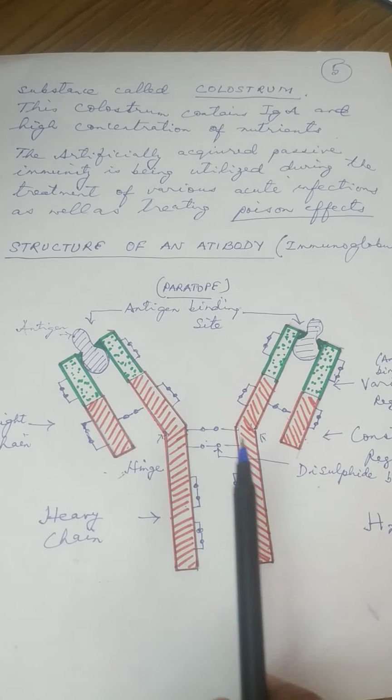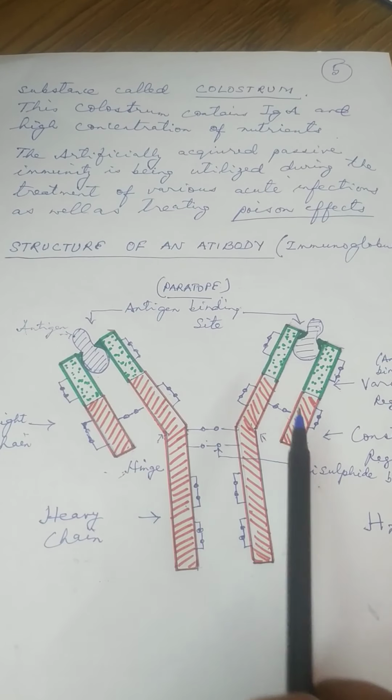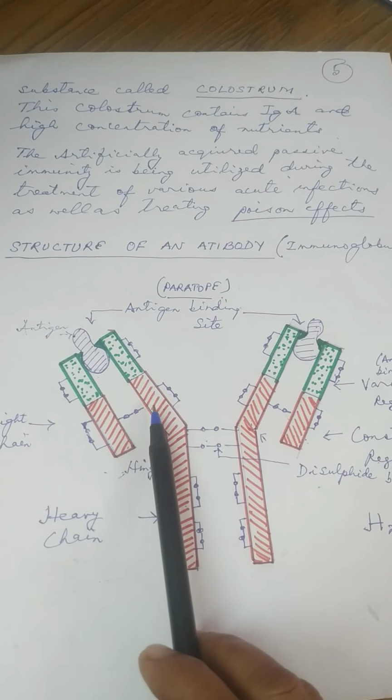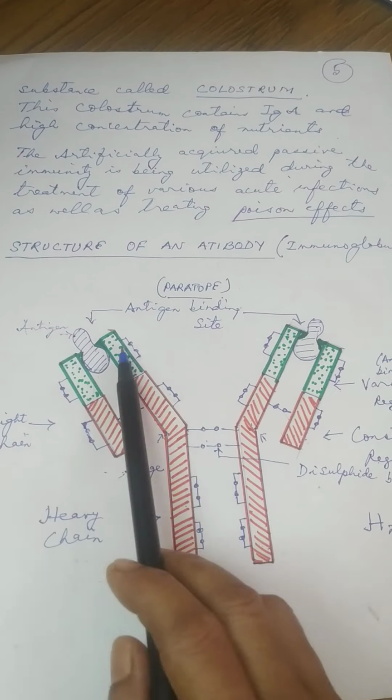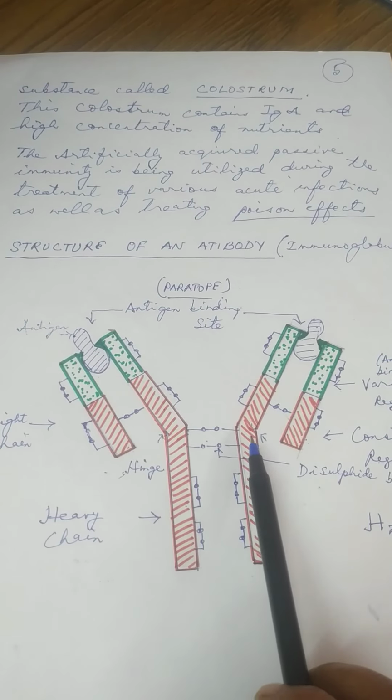The short chains present outside have less number of amino acids, whereas the long chains present inside have more number of amino acids.